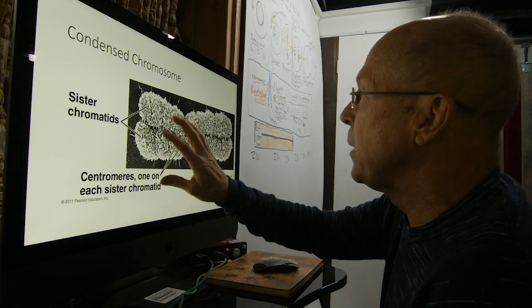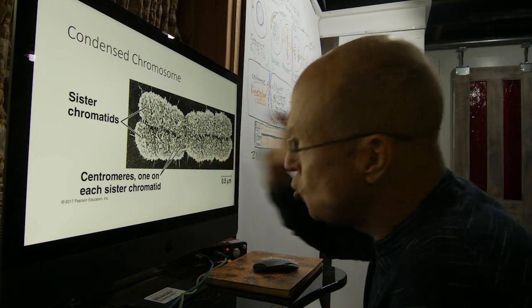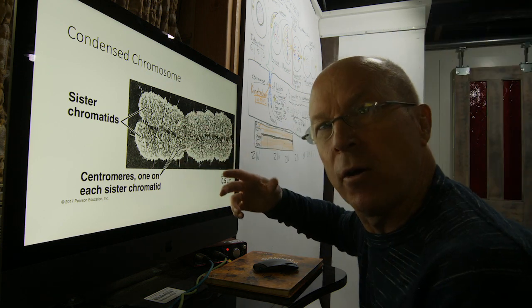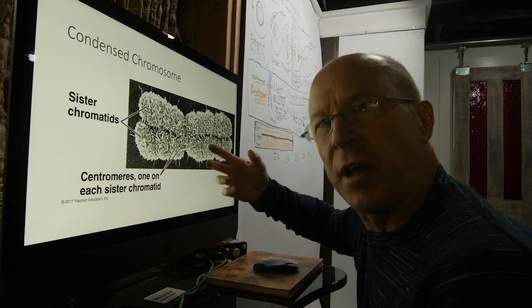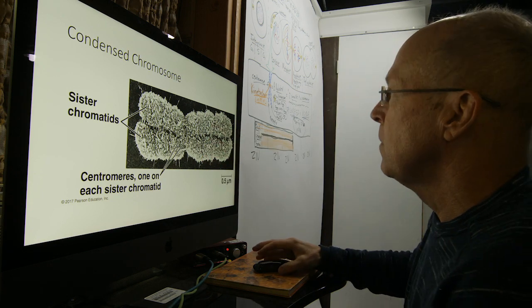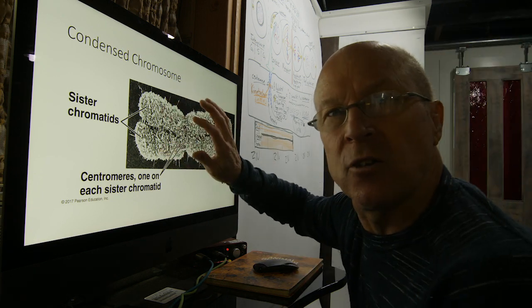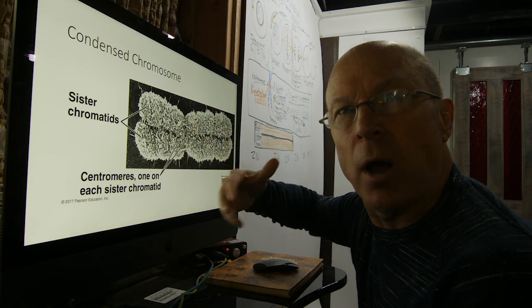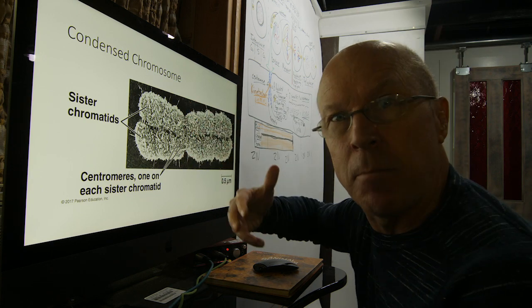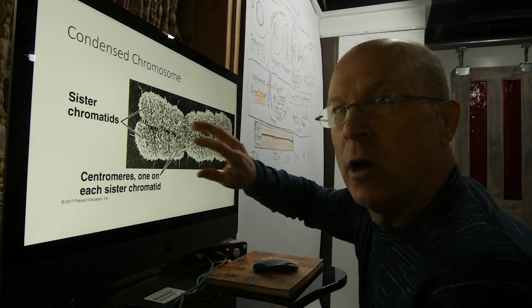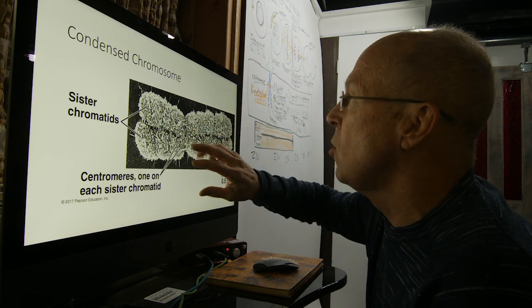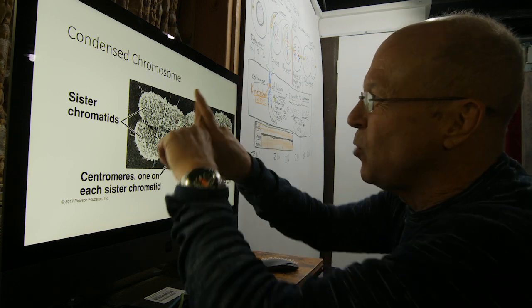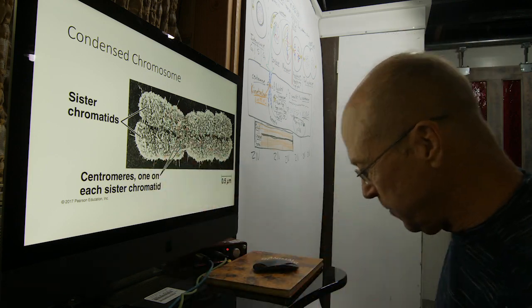So this is a duplicated condensed chromosome, 2 chromatids and a centromere. Get used to it. So these are things that we are going to draw as we draw the process of mitosis, and then later in meiosis, we are going to draw duplicated condensed chromosomes as X's. You know, kind of squiggly, wavy X's. That's what we're going to do.